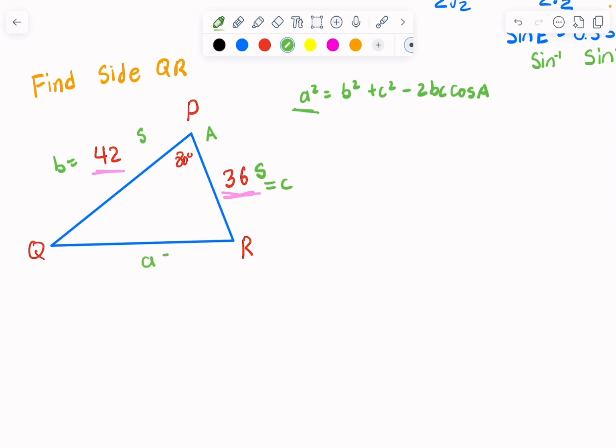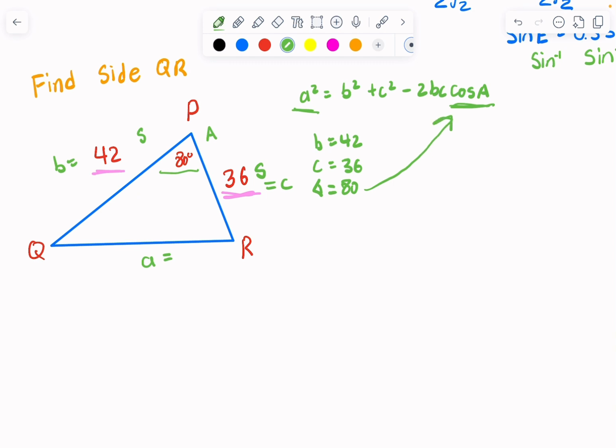This is gonna be our A, and our angle here, for cosine A, is going to be 80 degrees. So let's write out what we have. Our B is 42, our C is 36, and our angle is going to be 80 because that's what we're given. So that's what we're going to be plugging in for cosine A.